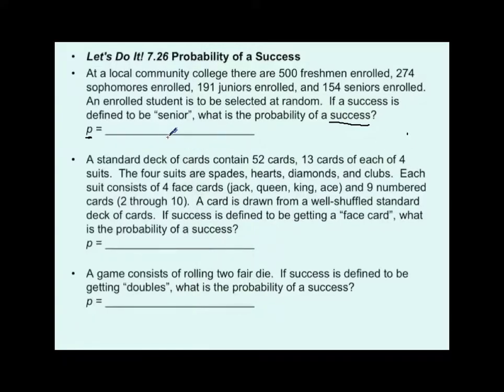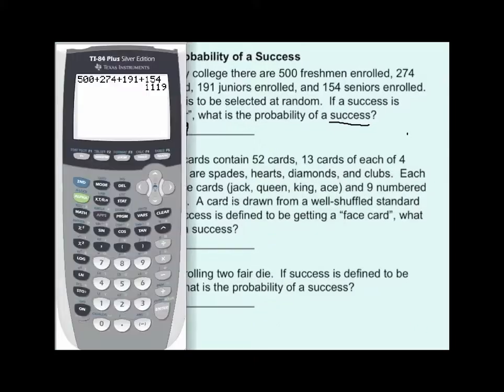So what that tells me is that I've got 154 seniors out of the 1,119 possible students. So that's my probability of success. Now that said, probably not a bad idea to give that as a decimal or in terms of percentages, because your viewing public typically is going to want that number as a decimal, okay?